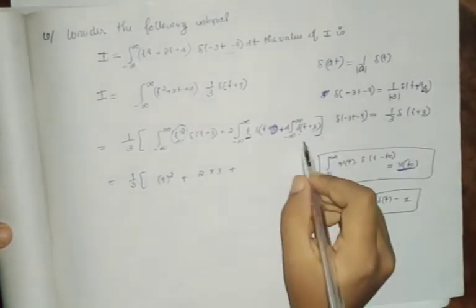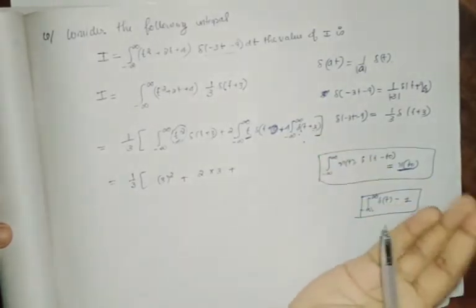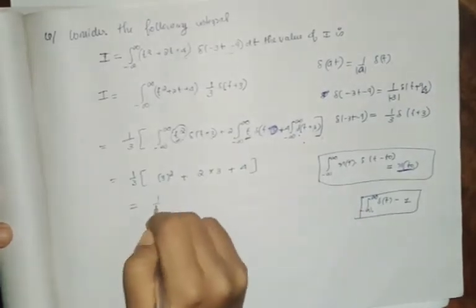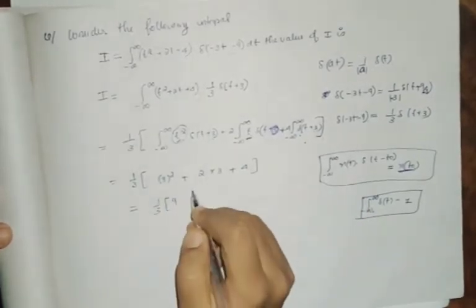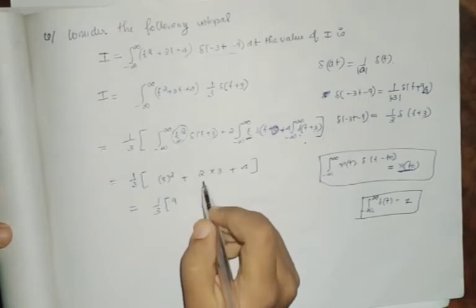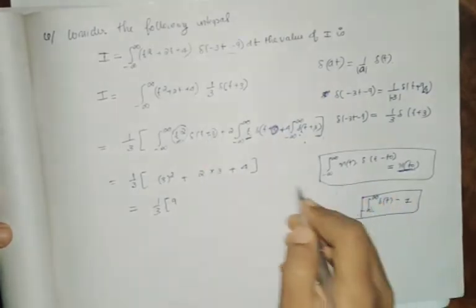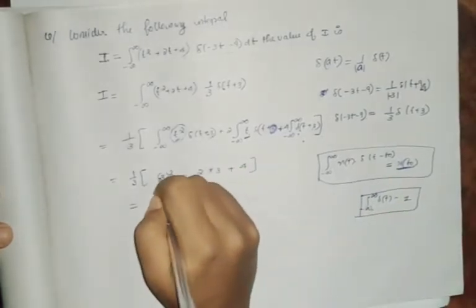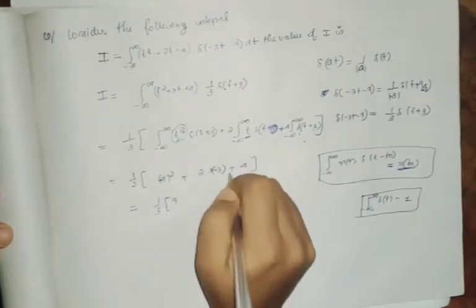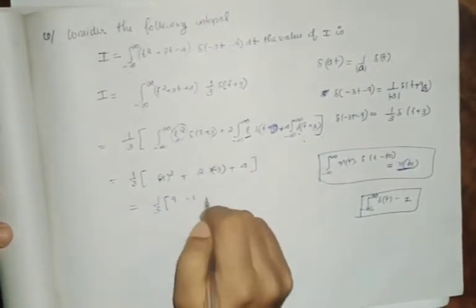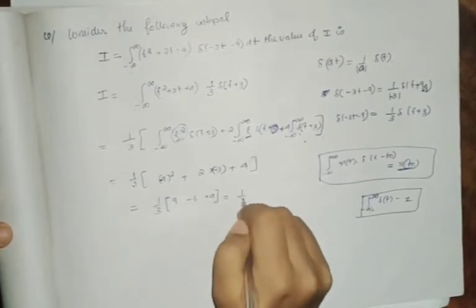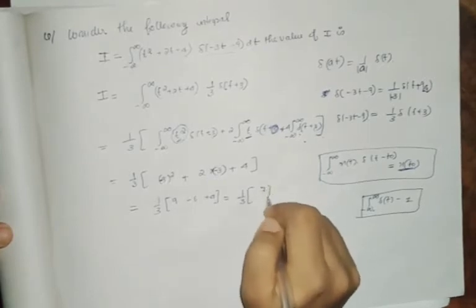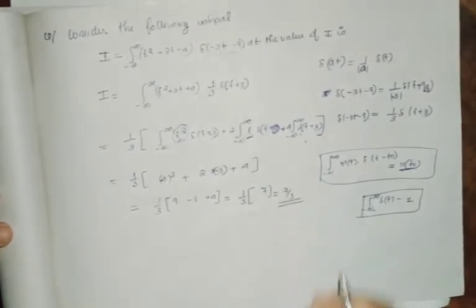Similarly, integral minus infinity to infinity del of t plus 3 will also be equal to 1. Here t0 is equal to minus 3, so minus 6 plus 4. The answer is 7 divided by 3.